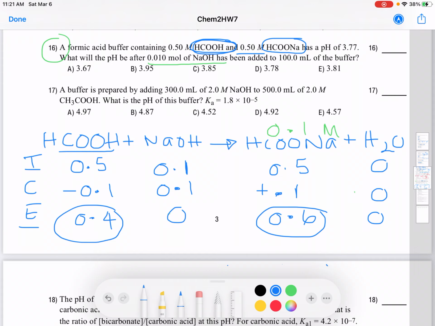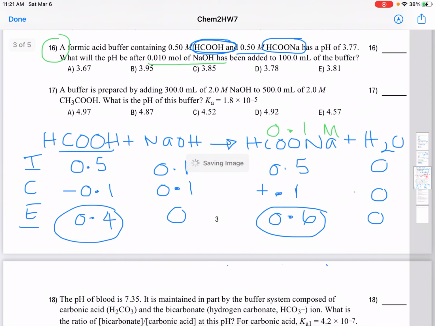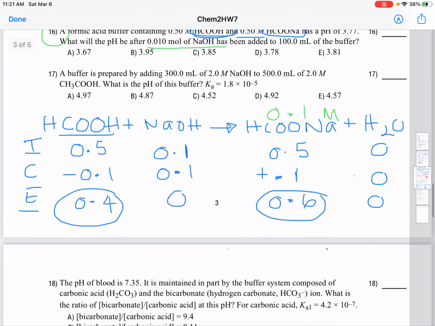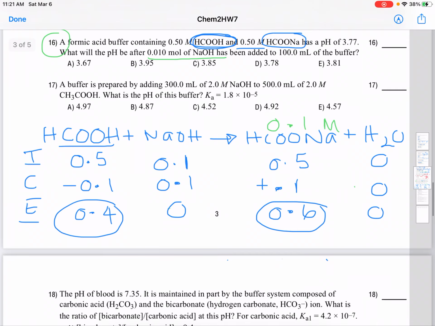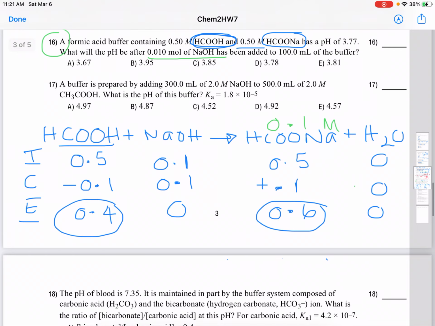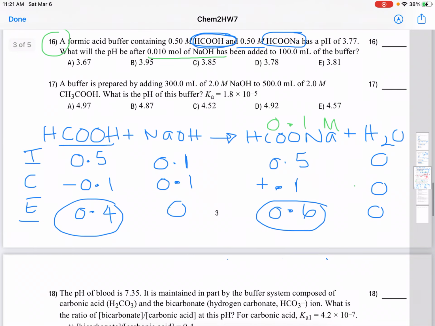Now we found the buffer components, base and acid, after adding sodium hydroxide. Now you use these two to calculate the pH of the buffer using the Henderson-Hasselbalch equation. Remember, pH equals pKa plus log of base over acid. And then the formic acid pKa is, what's the formic acid pKa?